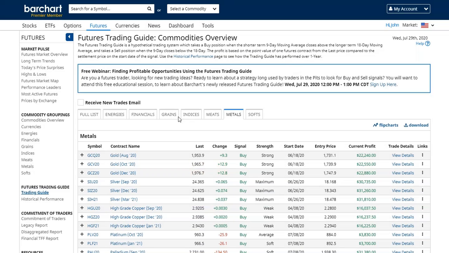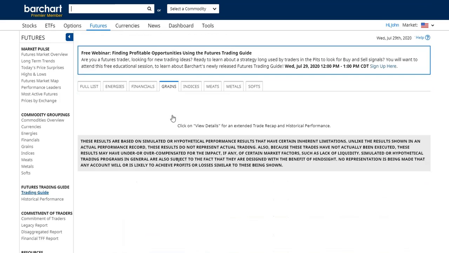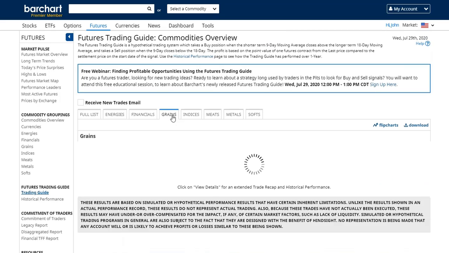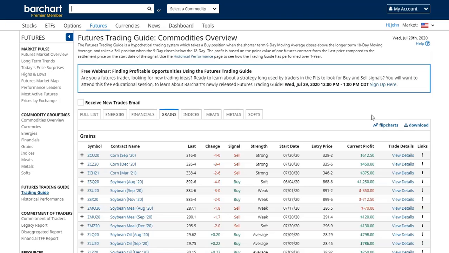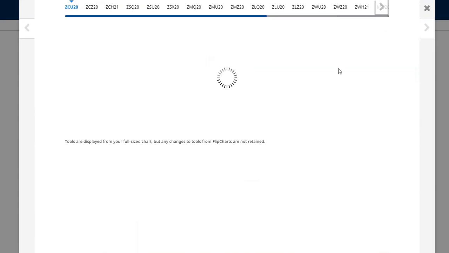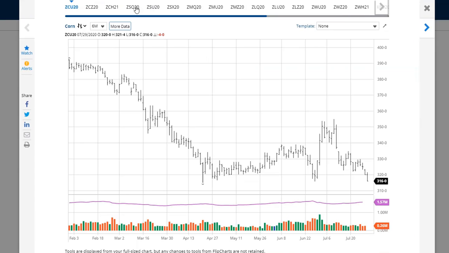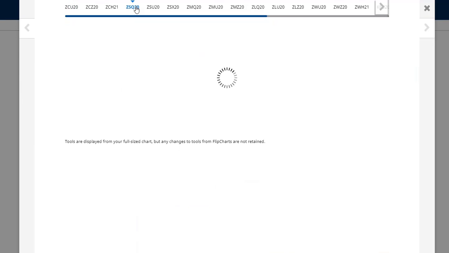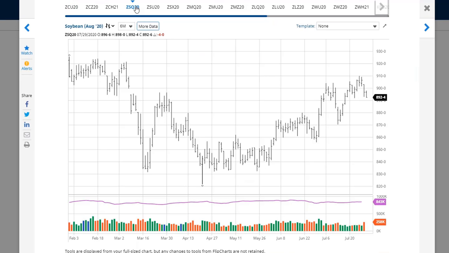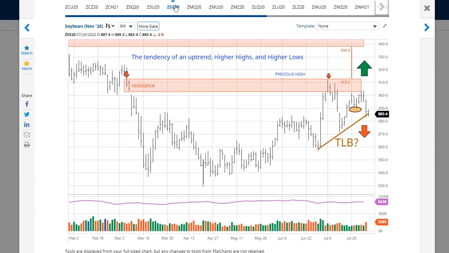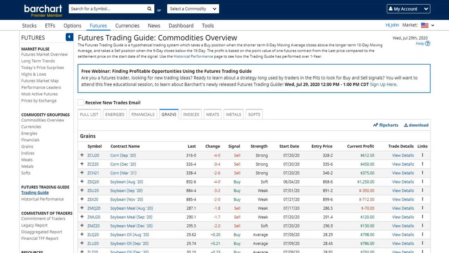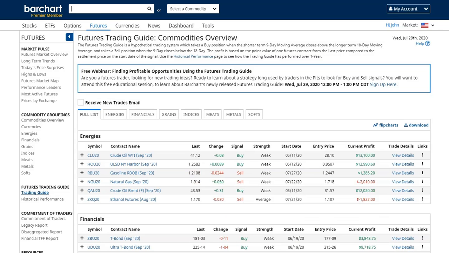If I'm looking at a rollover situation where I'm going to try to hold a position for longer periods of time, again, I want to make sure that the story my market is showing me in the front month is the same story that I'm seeing in the forward contract. So, very powerful tool in our arsenal.